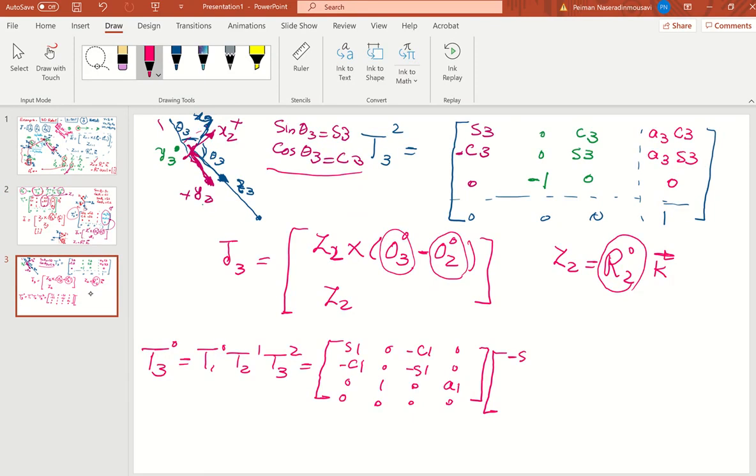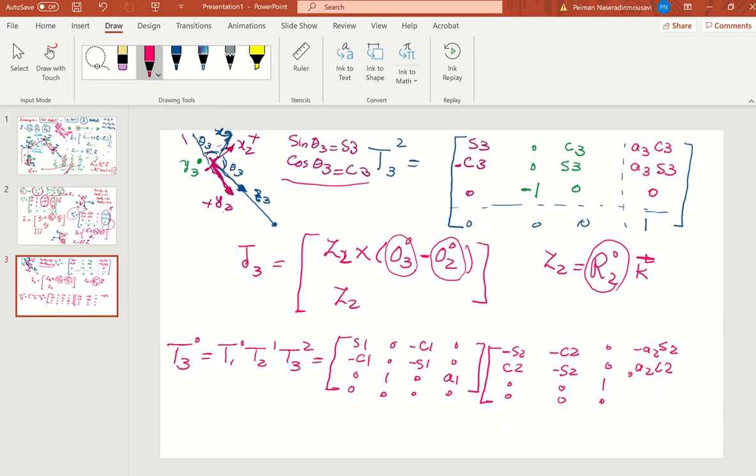Then we have minus S2, cosine 2, 0, 0, minus cosine 2, minus S2, 0, 0, 0, 0, 1, 0, minus A2 sine theta 2, A2 cosine theta 2, 0, 1.